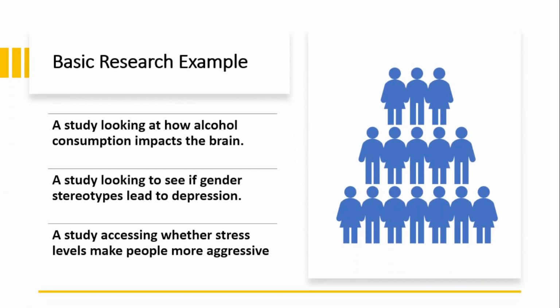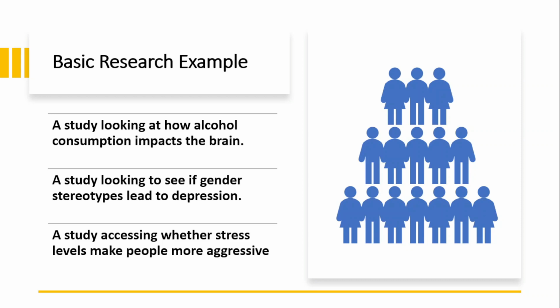For example, a study looking at how alcohol consumption impacts the brain is a type of basic research. A study looking to see if gender stereotypes lead to depression is also a type of basic research.